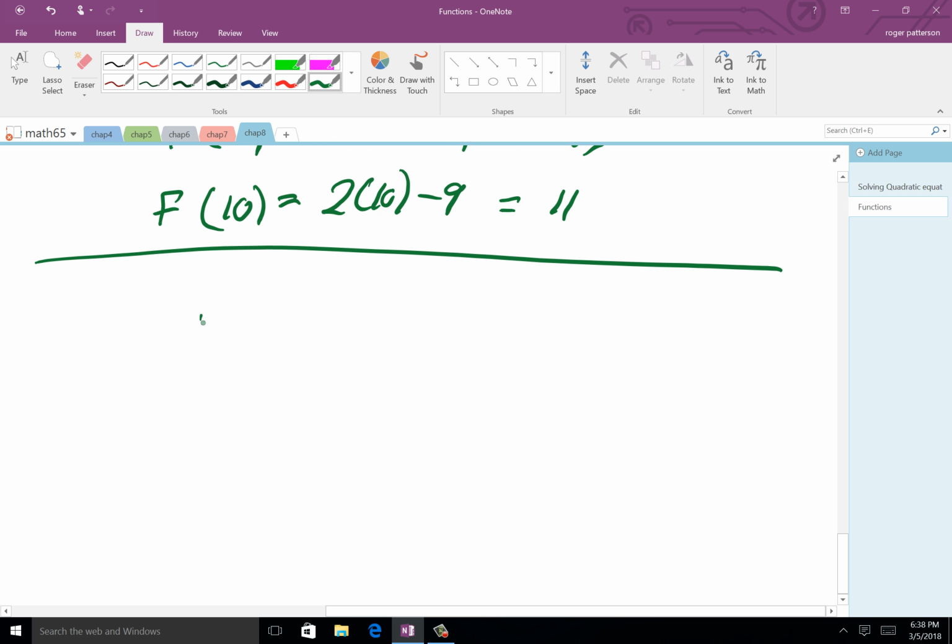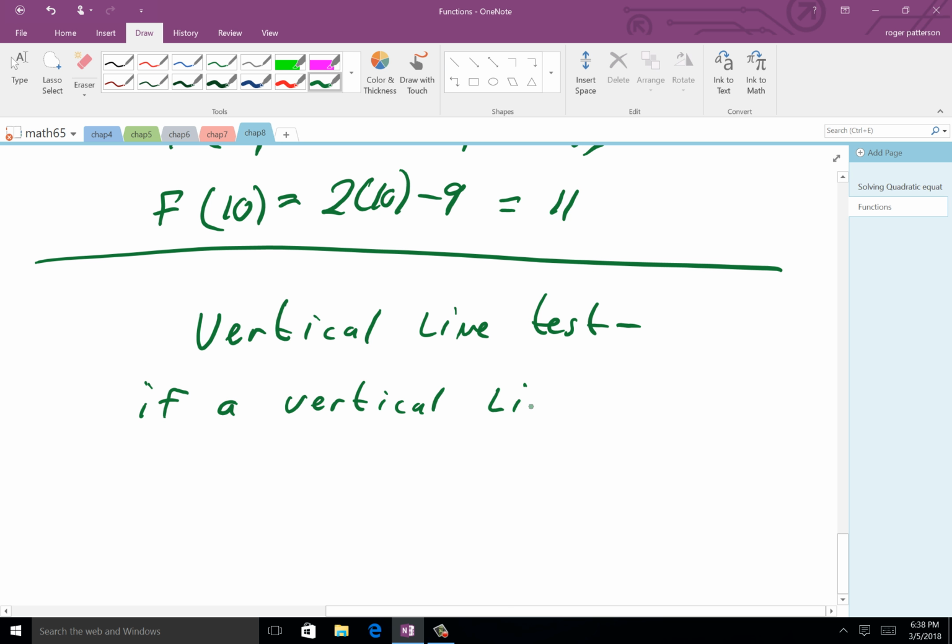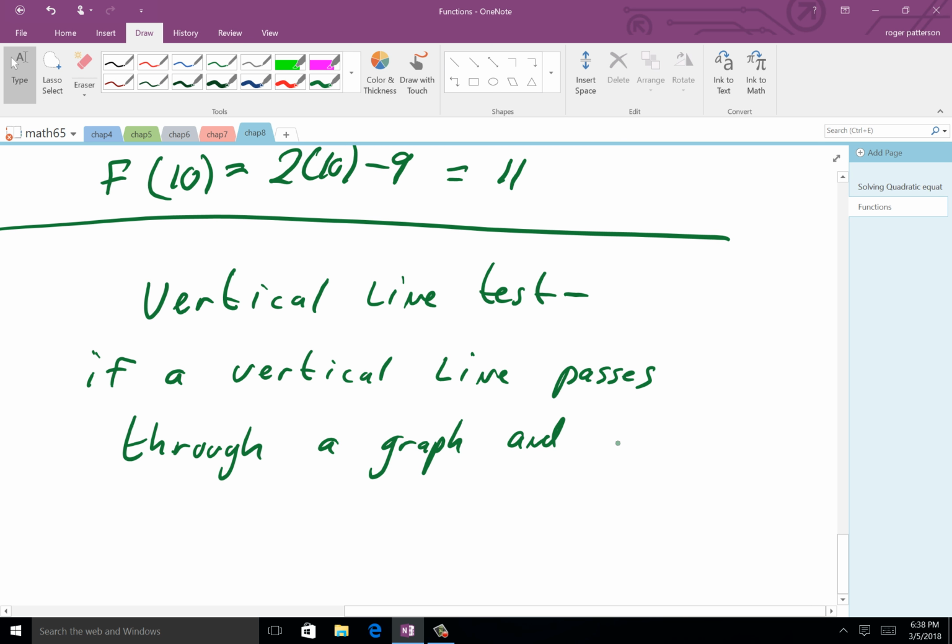The vertical line test is great. If a vertical line passes through a graph, and I don't really care what wording you use here, I'm just going to say intersects, you can use touches or whatever you want.